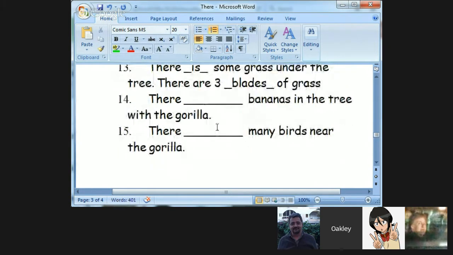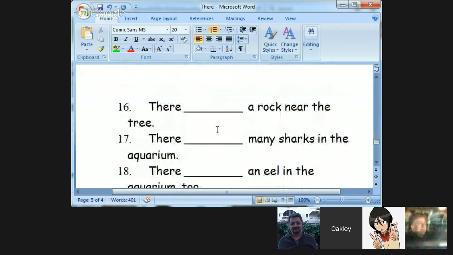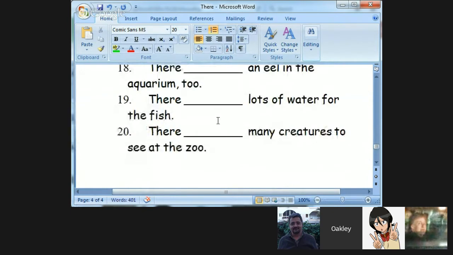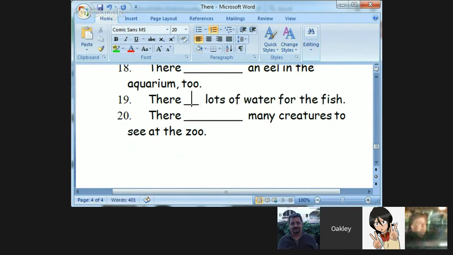Okay, I think is and are are pretty self-evident here. Let's see, any others that are... oh, this one may be tricky. Okay, Ken. All right, you looked at water before. There are a lot of water for the fish.